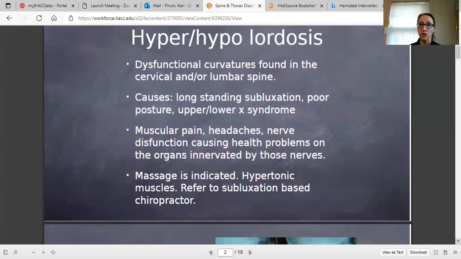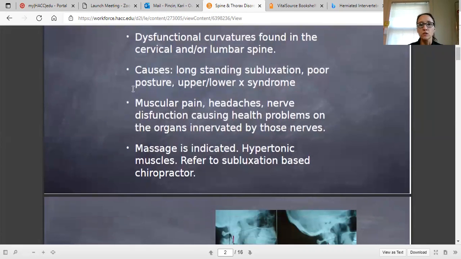There are a lot of different causes for this, and I'm not going to go through most of them because the causes for hyper are different than the causes for hypo. Basically, what's going to happen, though, is you're going to end up with pain, mostly muscular pain, headaches, because all of the muscles of the spine, all the paraspinal muscles, the erectors and things like that are going to be affected.